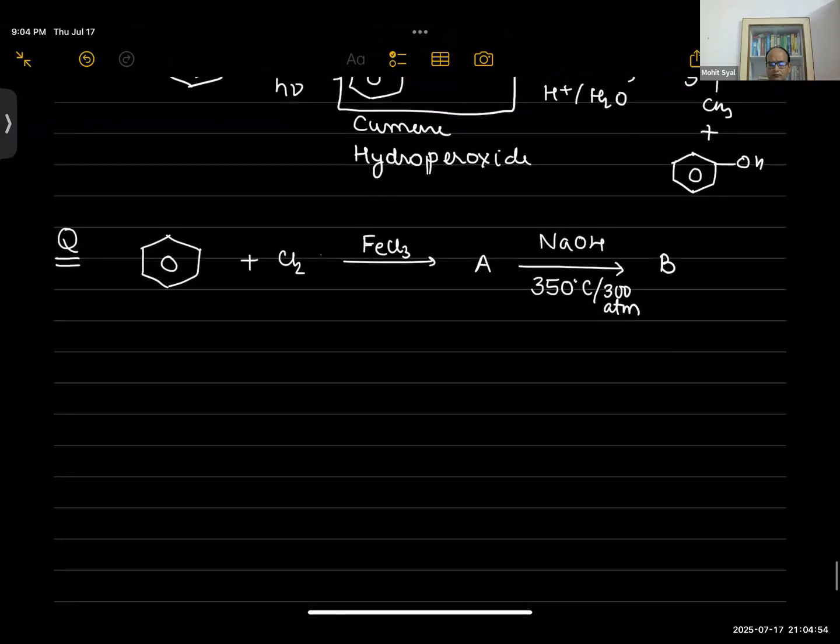Chlorobenzene. Yes, A is chlorobenzene. And what is B? Phenol. Yeah, the NaCl we are not going to write. This is the main product, right? Got it?